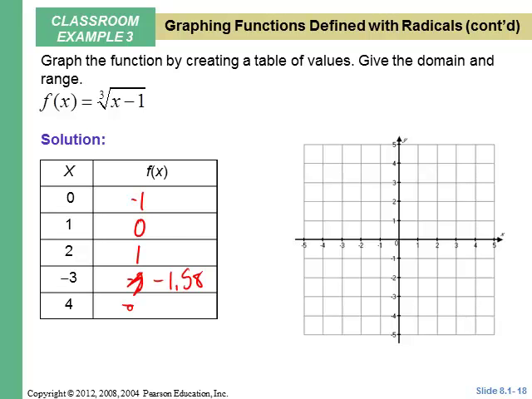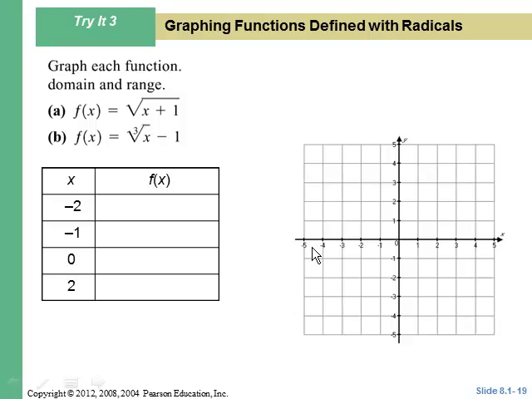So it's 3, second function, to the key, 3 is 1.44 positive. So at 0, it's negative 1. At 1, it's 0. At 2, it's 1. At negative 3, it's negative 1.58. And at 4, it's 1.44. So you see how it's going to go like that.